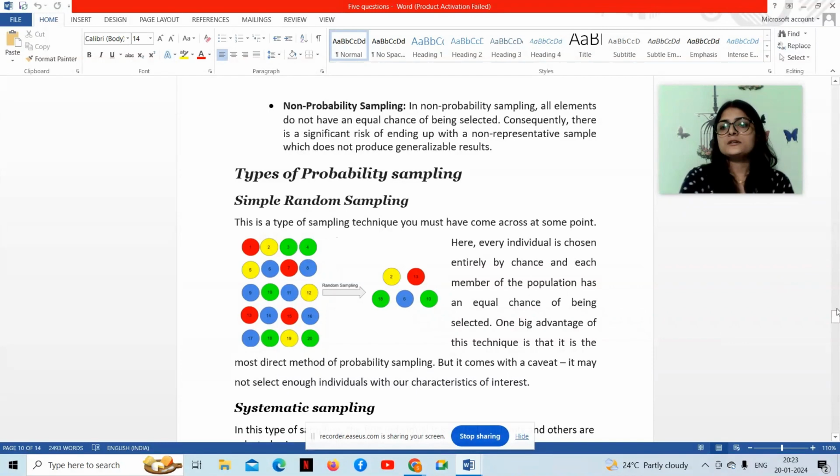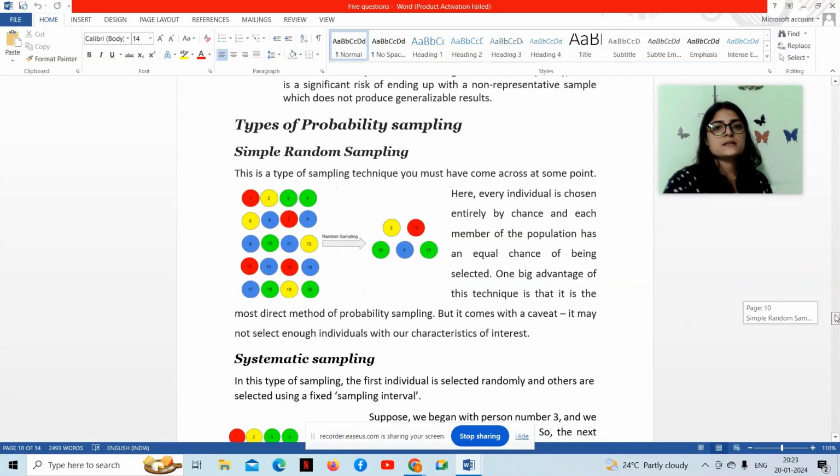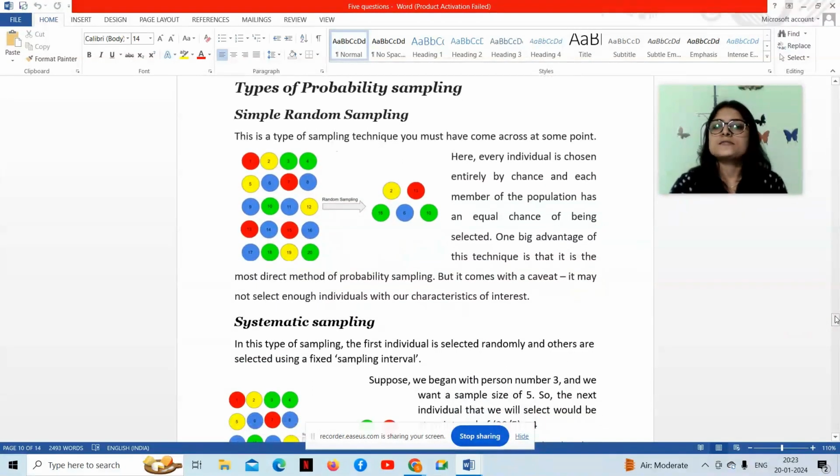Now move to the probability sampling types. First is simple random sampling. As the name suggests, every individual is chosen entirely by chance, and each member of the population has an equal chance of being selected. So we are selecting the samples randomly.